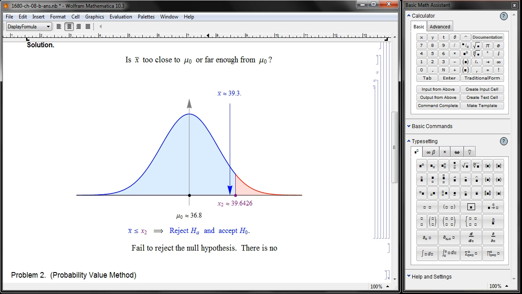There is not enough evidence to overturn the null hypothesis. Okay, there can be many other ways to say it. This is just two of the formal ways.